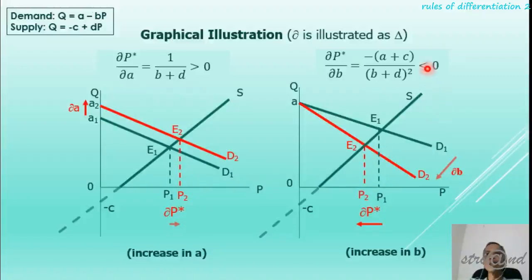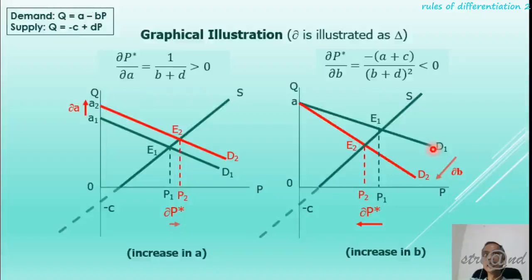Let's see now the derivative of P star with respect to B. This is the initial equilibrium at E1. And then, for example, if B increases, B in this demand function is the slope. So the slope increases. When the slope increases, while A is held constant, there is no change in A, so the A stays here.